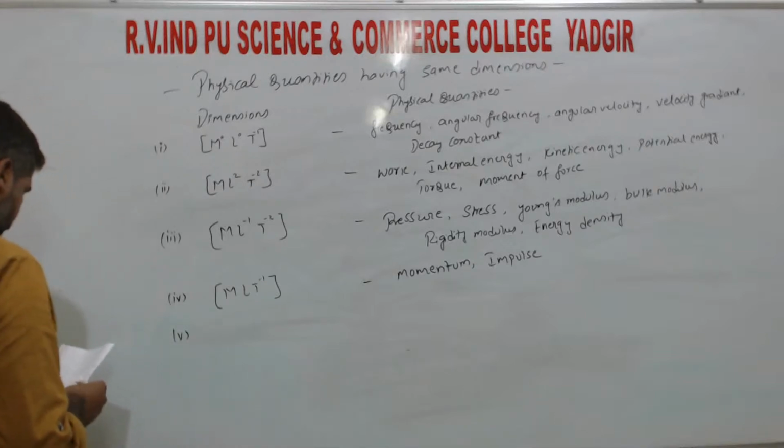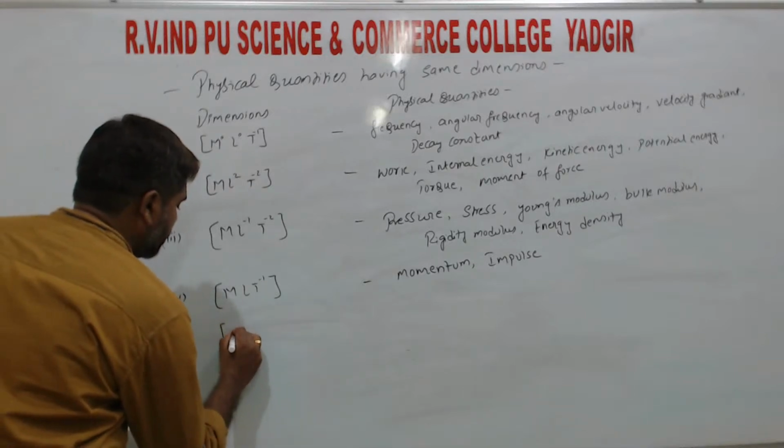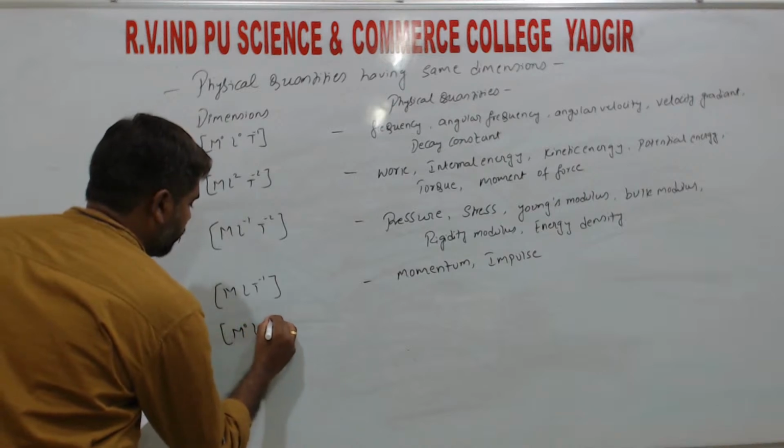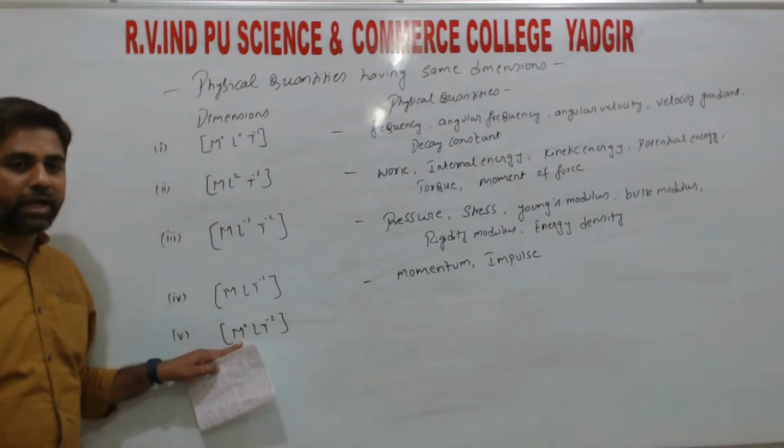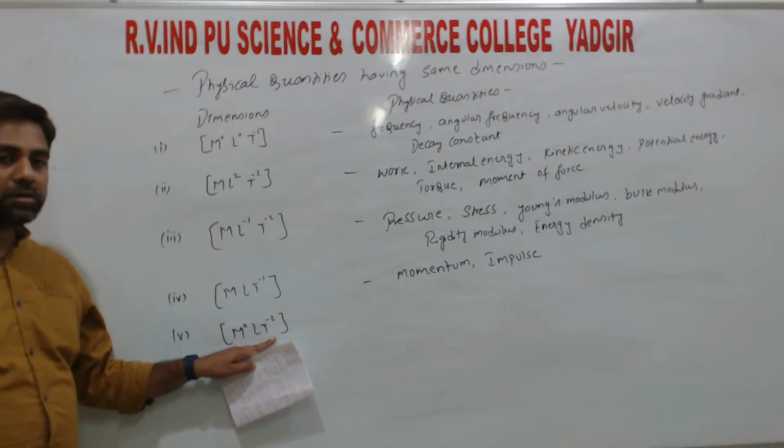So the next, fifth one, is M0 L T power minus 2, right? So here we have no kg, only meter per second square, right?